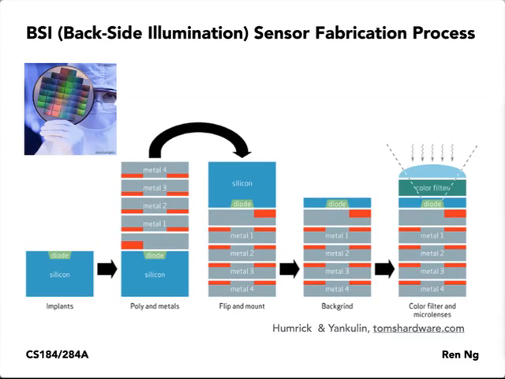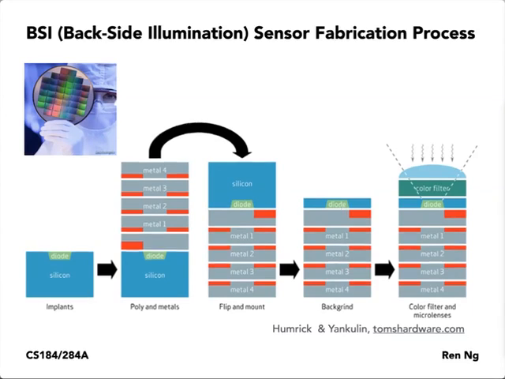This is really hard to do over a large wafer where each of these pixels is only 1.4 microns, and not have grinding artifacts, grinding problems that cause the quality of this chip to degrade, but it's been optimized now.